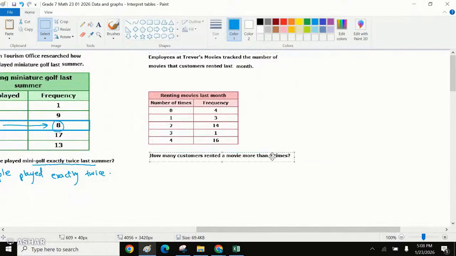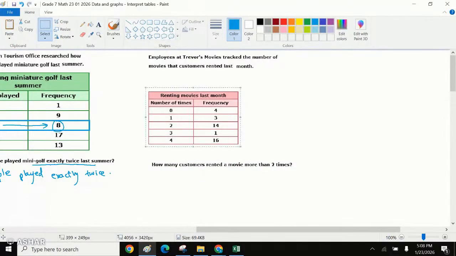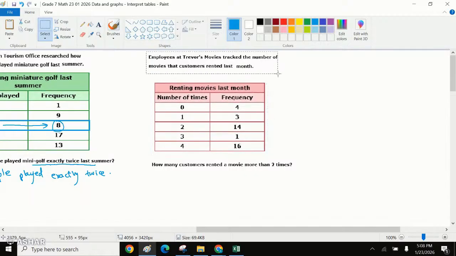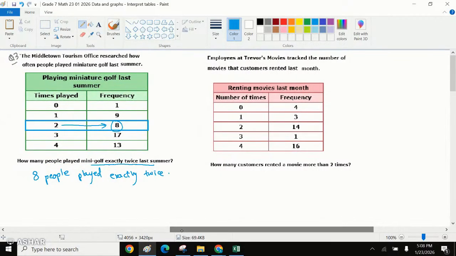And this is the grid that is given to us. So let's see question number 4. For the number of times the movies were rented, 0 times had a frequency of 4, 1 time had a frequency of 3, and so on.